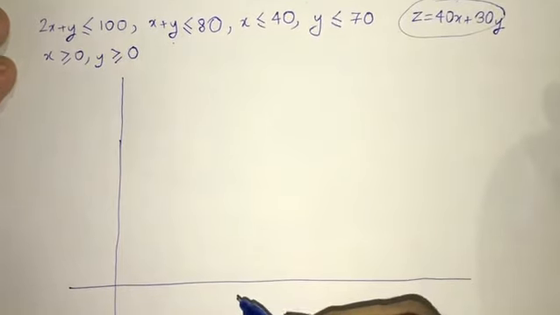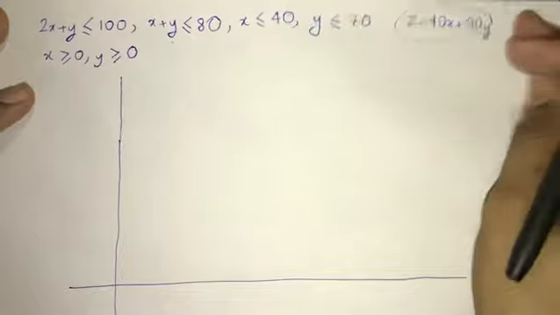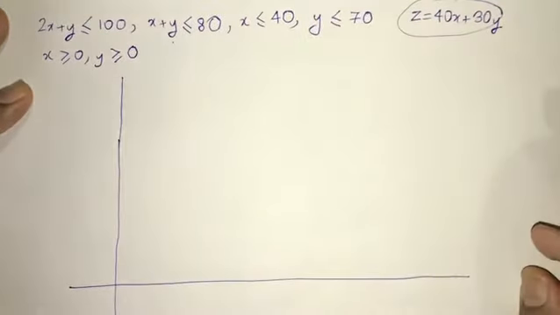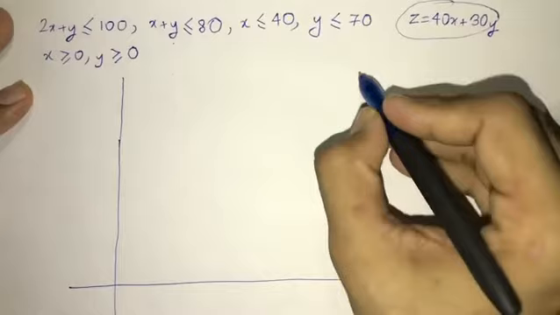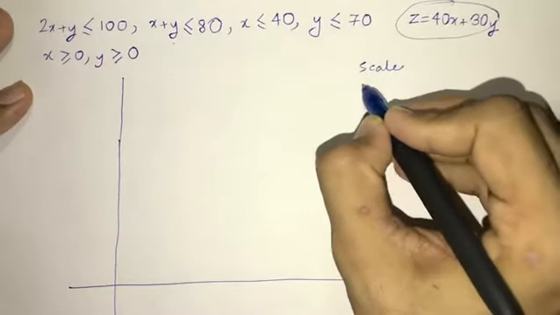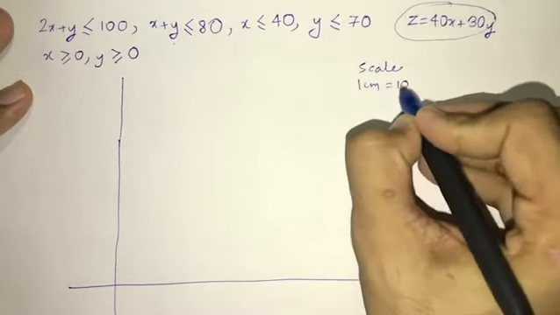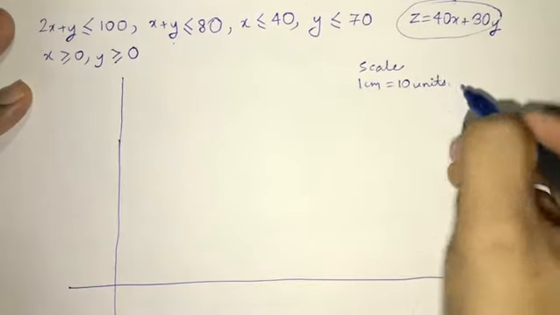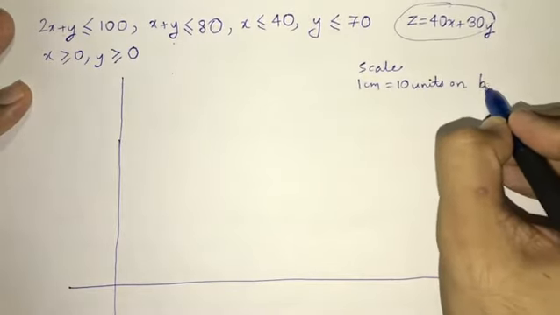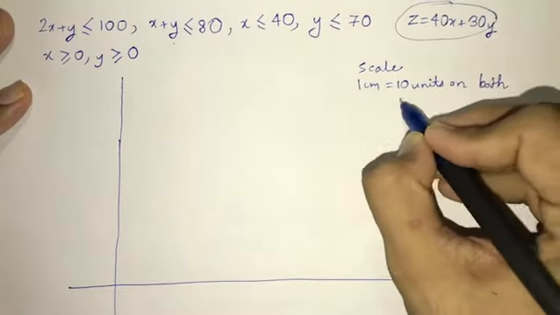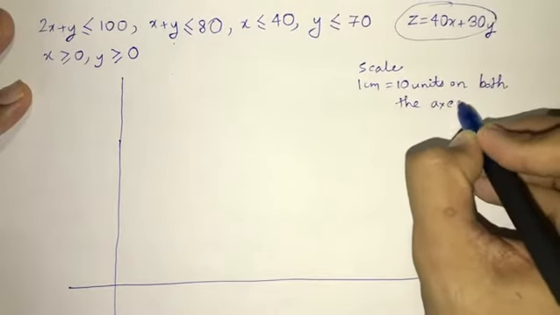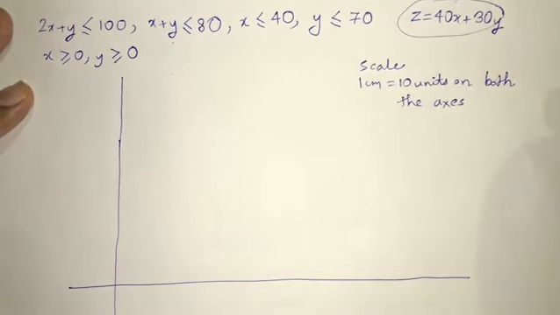Okay, 2x plus y is less than or equal to 100. So we have 50 and 100. I should take, in that case, a scale: 1 centimeter is 10 units on both the axes. So we have 10, 20, 30, 40, 50, 60, 70, 80, 90, 100.